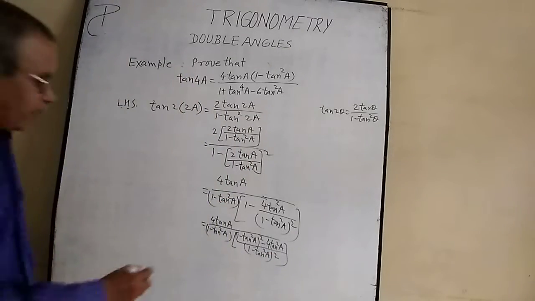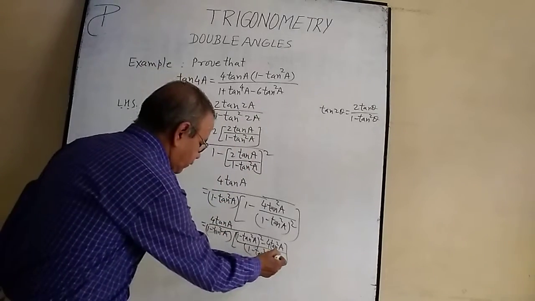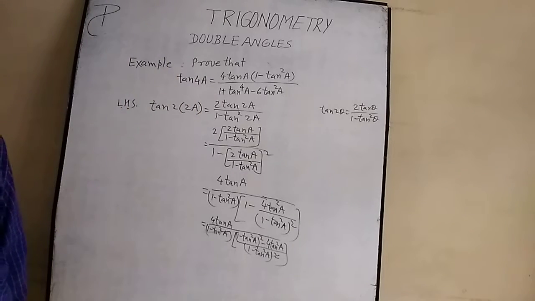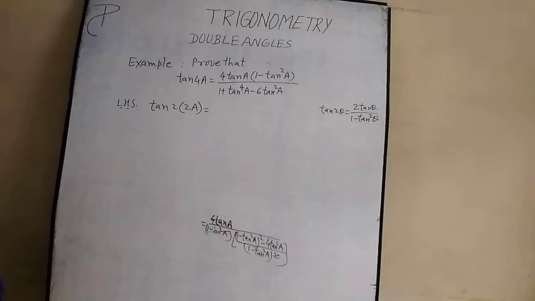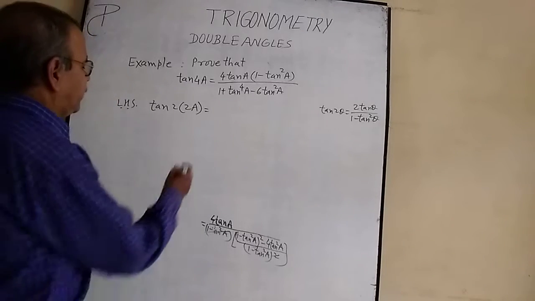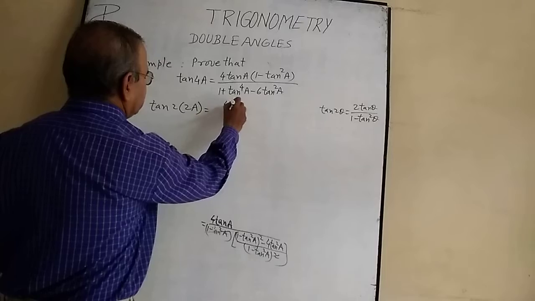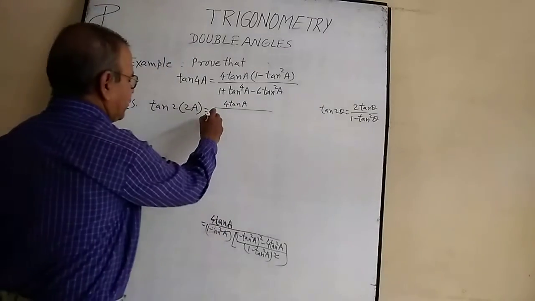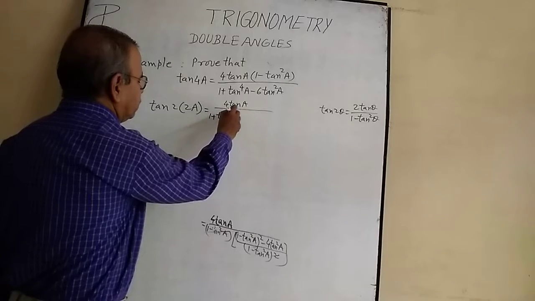So this 1 minus tan square a is cancelled, and after that we will write here 4 tan a upon 1 plus tan to the power 4 a.